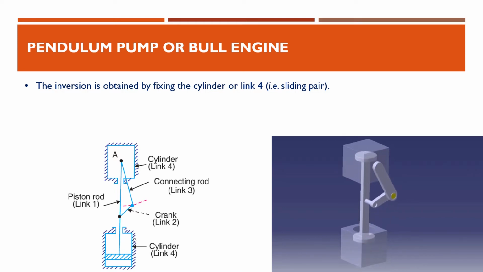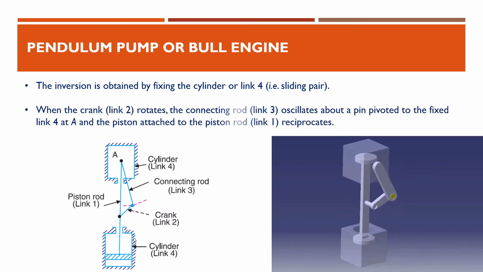In this figure or in this animation, you can see that link 4, the cylinder, that is the sliding pair, is fixed. And you can see that when the crank rotates, the connecting rod oscillates and that is transferred to the piston. So this is the basic functioning of the pendulum pump or a bull engine.